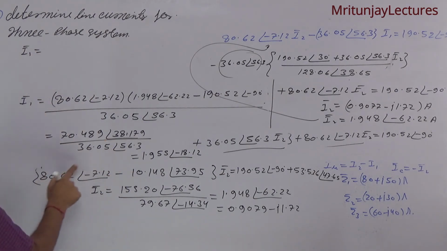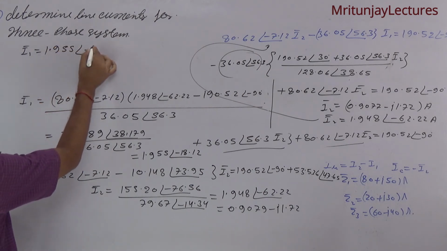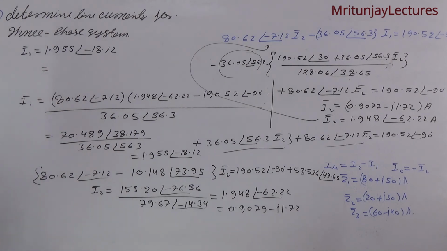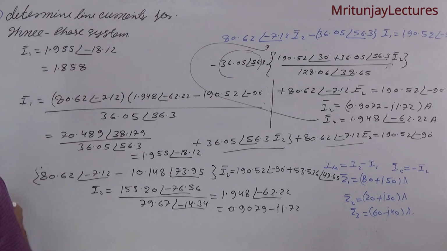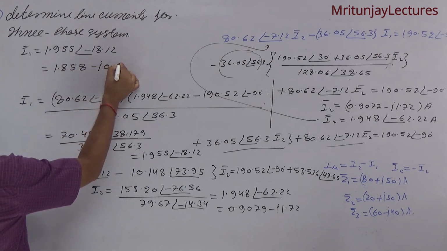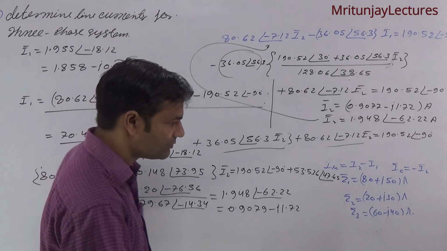So I1 is 1.955 at the angle minus 18.12, and this one is written as 1.858 minus j 0.608, that is I1.